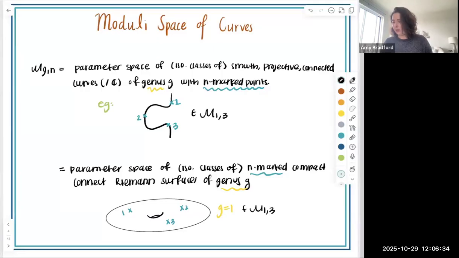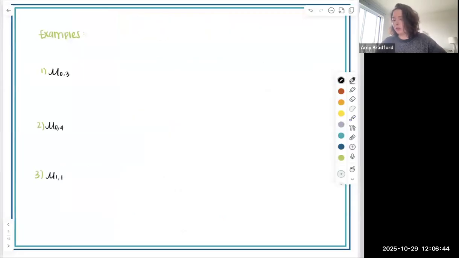Okay, and for the remainder of the talk, I'm not going to use the algebraic perspective as much as I'm going to use this Riemann surface perspective. But let's just write down a few examples so that we make sure we're comfortable with this definition. So this moduli space M_{0,3}, we're taking genus 0 curves with 3 marked points on them.